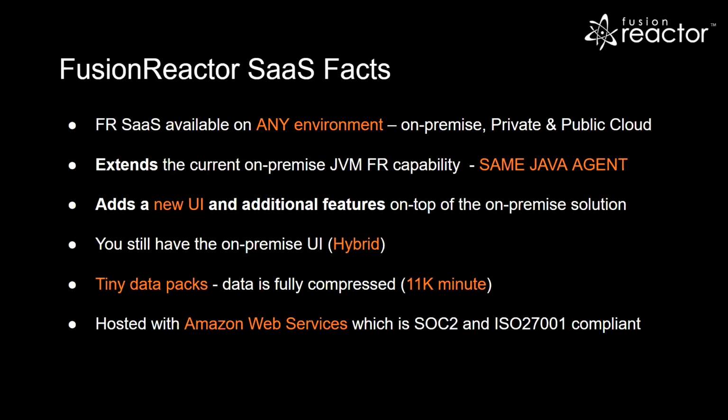It's a secure bi-directional channel, so the data is being sent securely, and it's about 11K a minute. FusionReactor Cloud is hosted with Amazon Web Services, so obviously that's SOC 2 and ISO 27001 compliant from a security perspective.